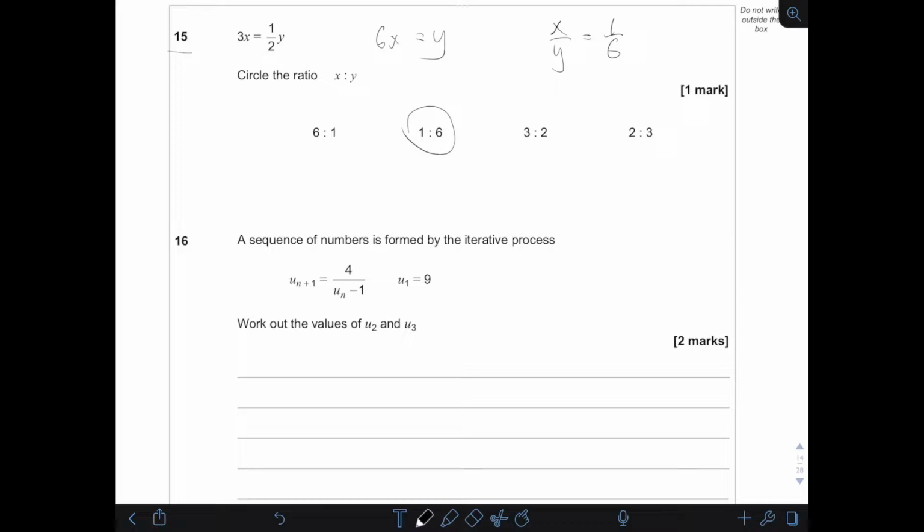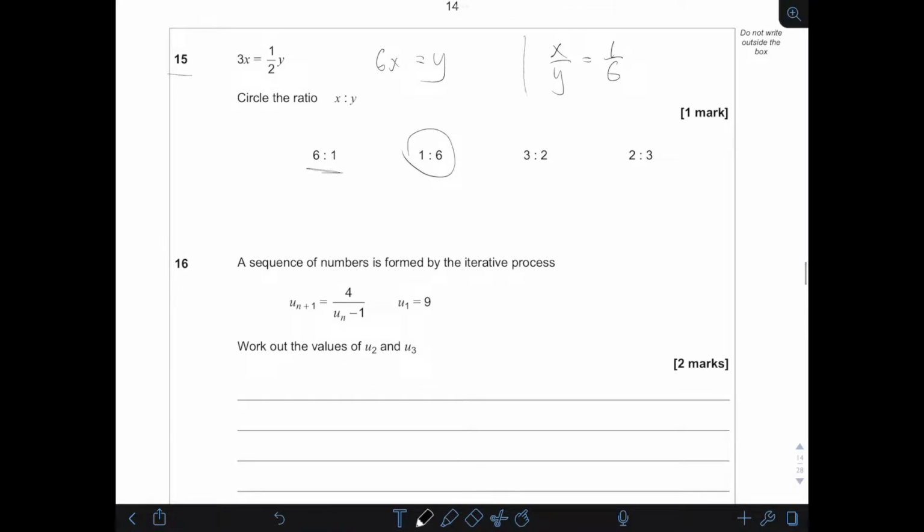Do not confuse that with 6:1 ratio because it's the opposite way around. Just remember, it's much easier to form it into a fraction with x, y, and then you can say 1:6 rather than having to do some form of that, and then you get confused. So that's the confusion that people have normally.